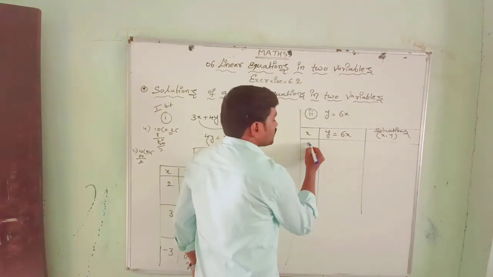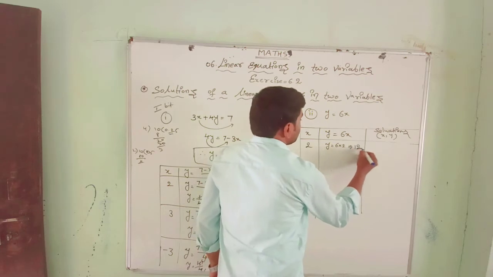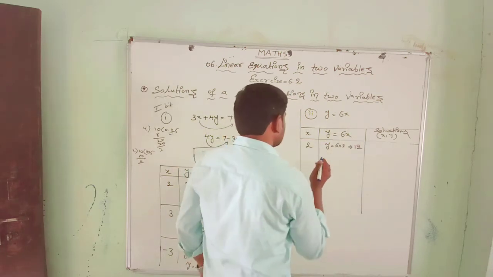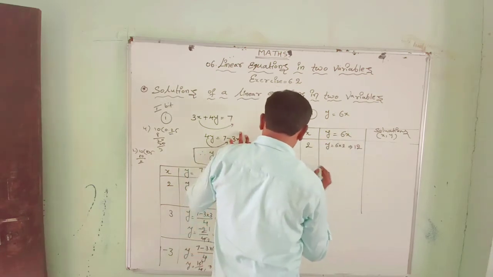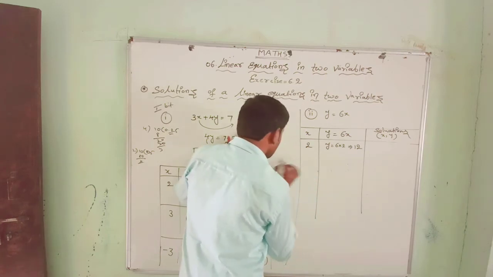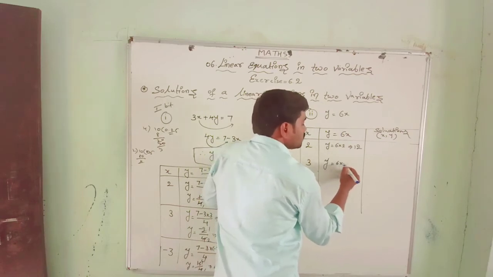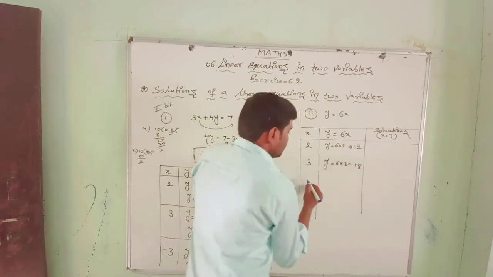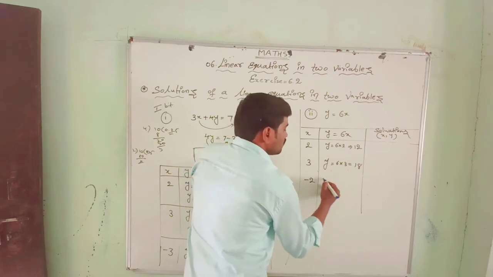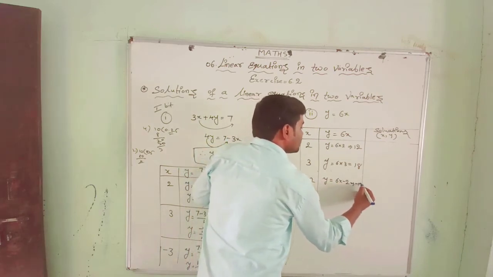Suppose you assume x equals 2, y equals 6 into 2, that is 12. If you assume x equals 3, y equals 6 into 3, that is 18. Suppose you assume x equals minus 2, y equals 6 into minus 2, that equals minus 12.